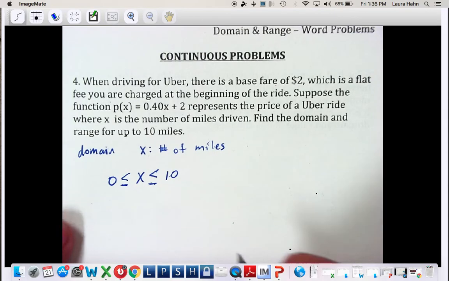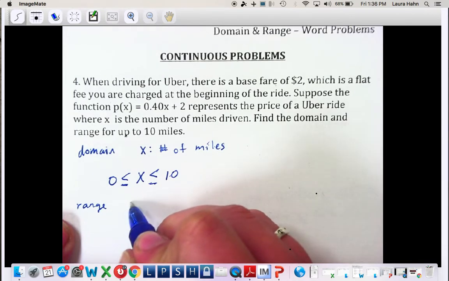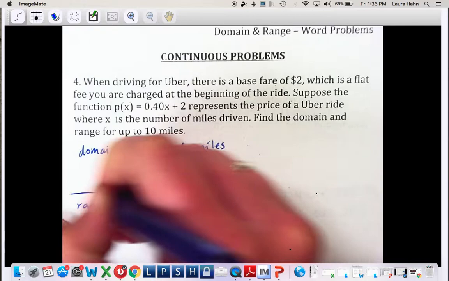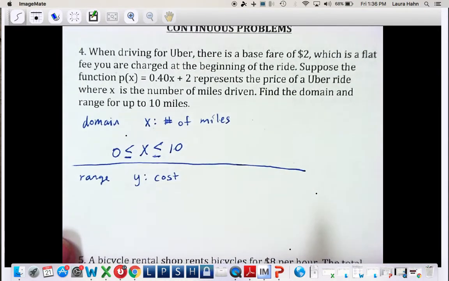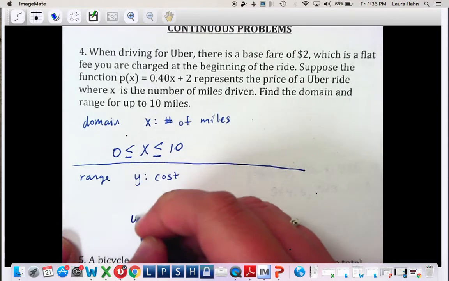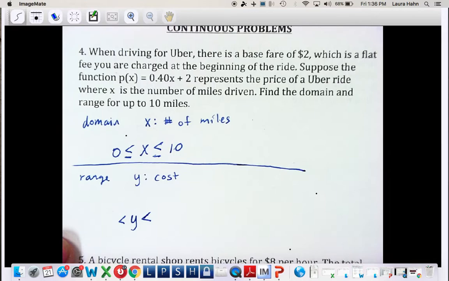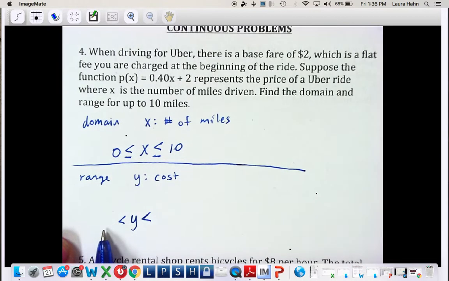All right, for range, that's y. It's going to be the cost of our trip. So in order to do this one, I'm going to put a y in the middle. And now I have to figure out if I drive 0 miles, what would the cost be?